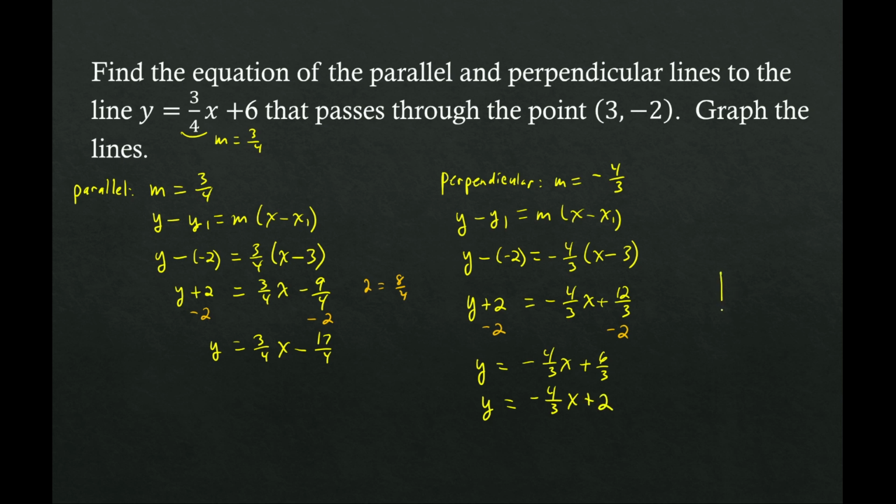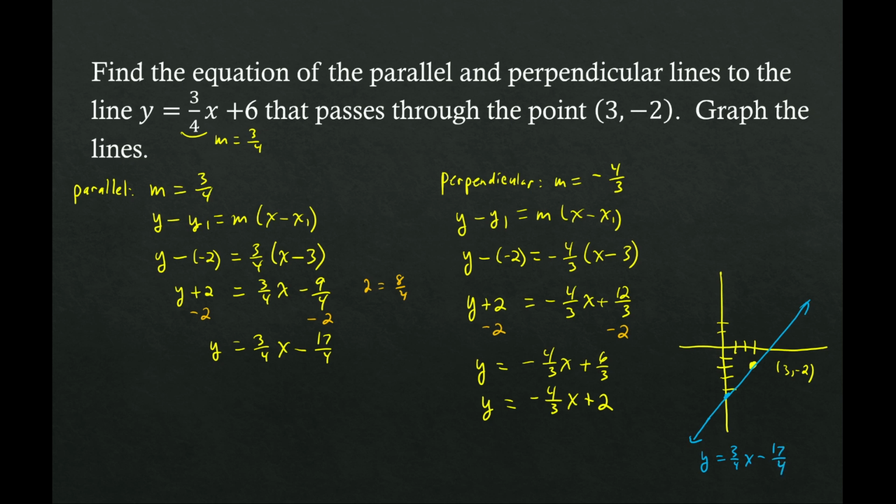Now to graph these, we've got the point 3, negative 2. For the first line, the y-intercept is negative 17/4, which is just a little beyond the negative 4. So we're going to end up with a line that looks like that. y equals 3/4 x minus 17/4.